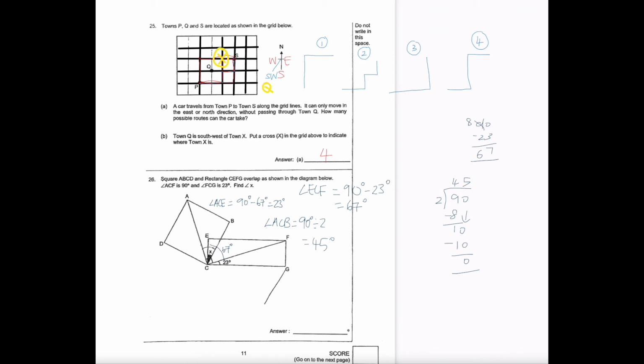So I'm going to erase what is not needed on the diagram right now and just show you how I got my answer. The final step. I'm going to use red. Okay, so ACE is 23 degrees. And X is ACB minus ACE. So X, the shaded part, will just be 45 degrees minus 23 degrees. Okay?